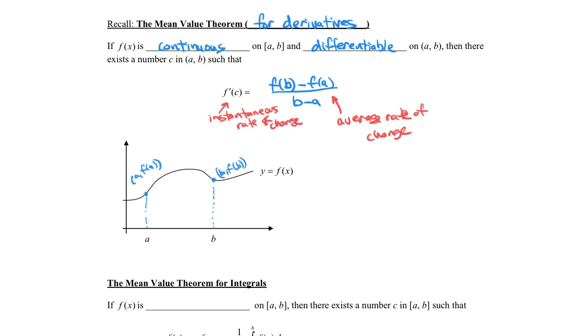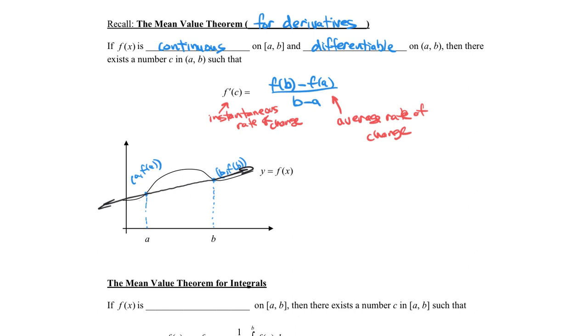And now let's consider the line through these 2 points. If we want to find the slope of this line, we could use the slope formula, right? y2 minus y1 over x2 minus x1.